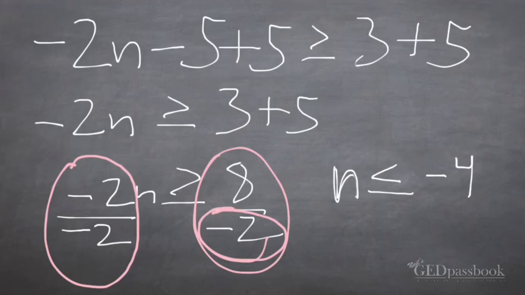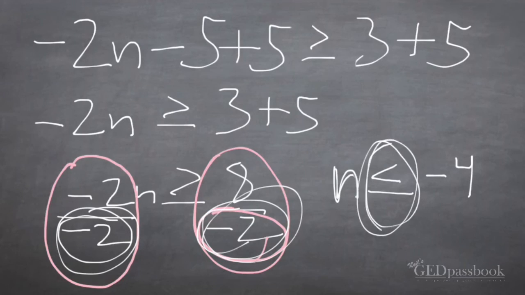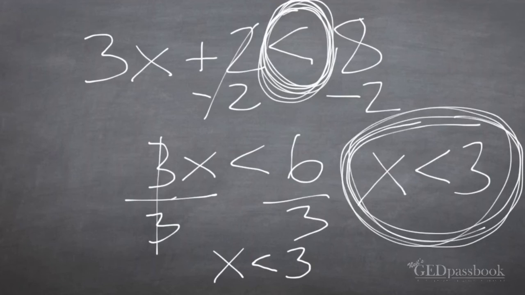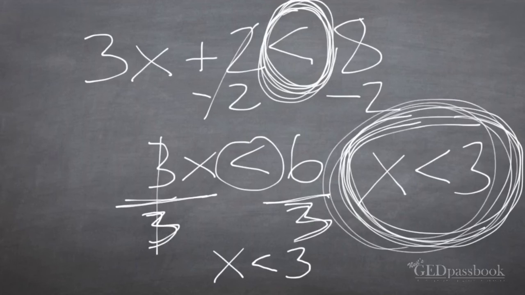That is, without a doubt, the only trick that you have to have in your head between inequalities versus equations: whenever you divide by a negative number, the symbol flips. As you see in the previous example, when we divided by a positive 3, the symbol stayed the same and ended up being x less than 3, right?